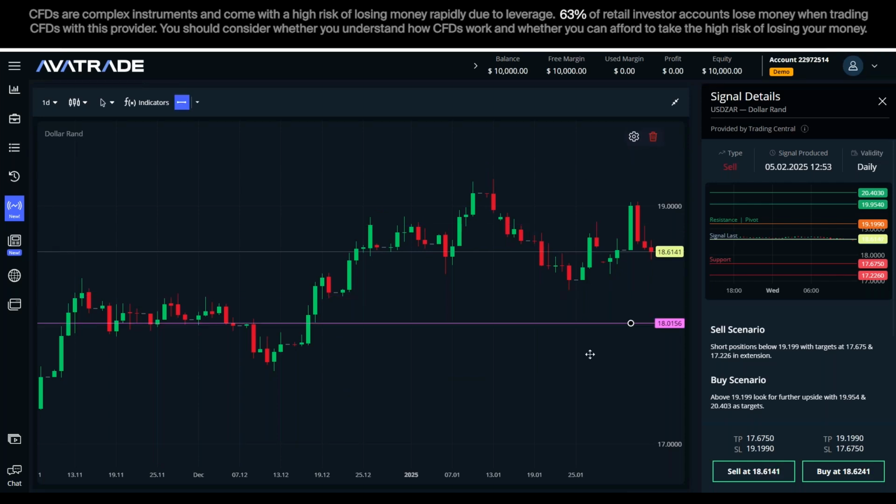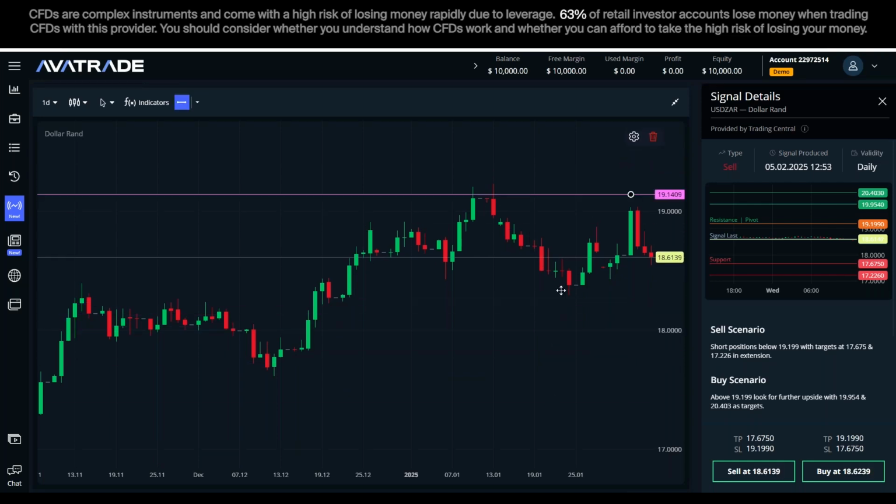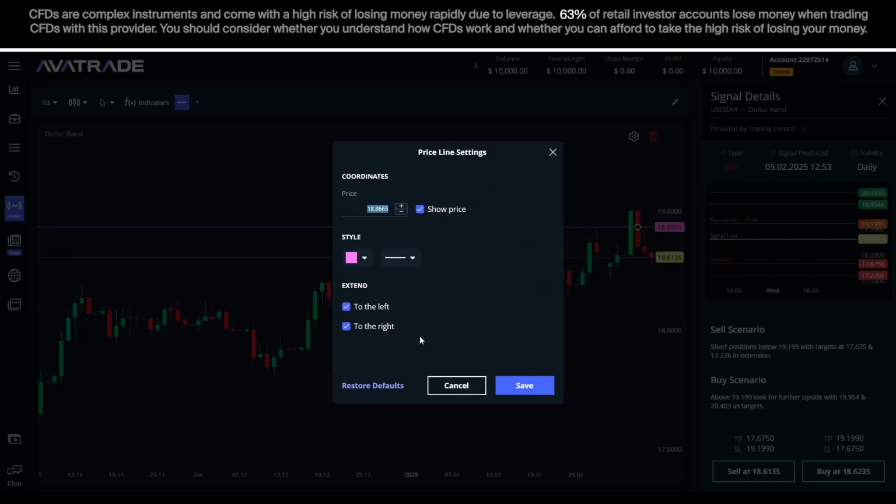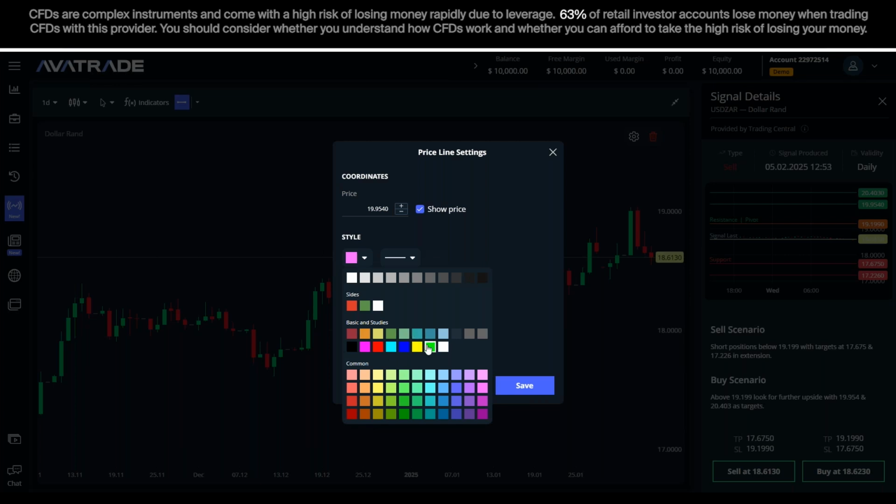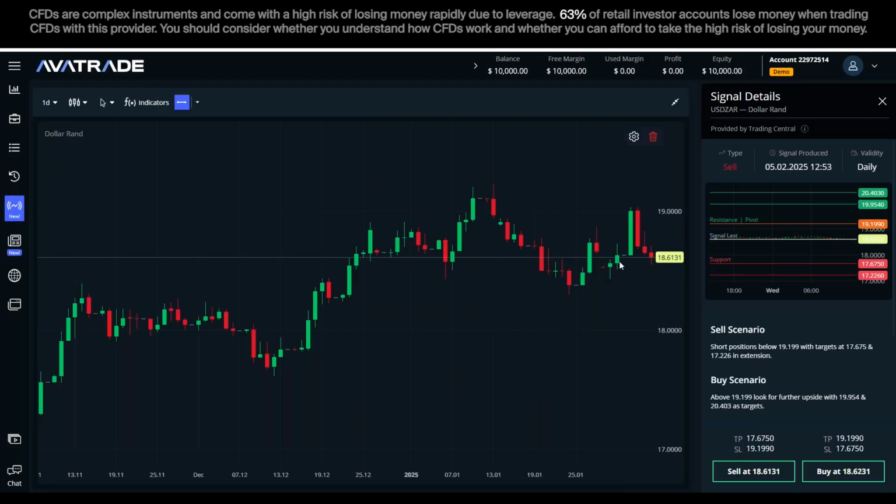Another way to do it is to place it anywhere, really anywhere on the chart. Let's say even here as an example, and then click here on the white wheel, and we'll set the price to the coordinates 19.9540, and we'll change maybe the color as well to green, just like here, and we'll click save.